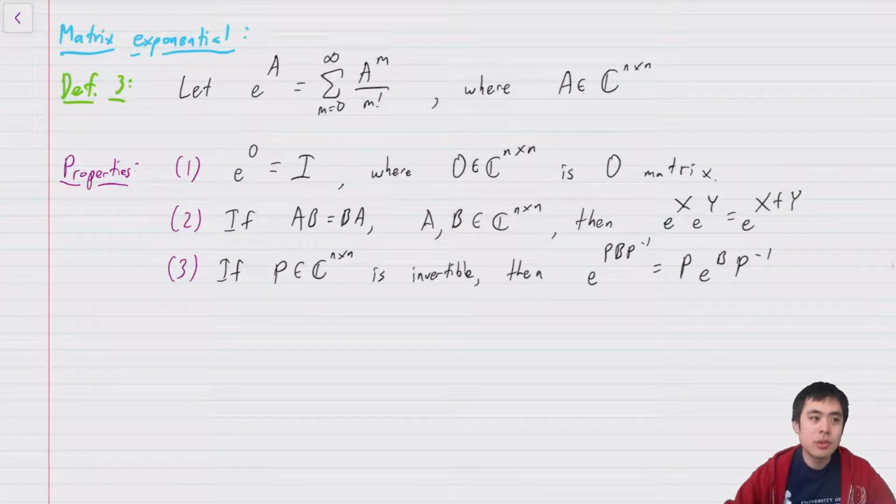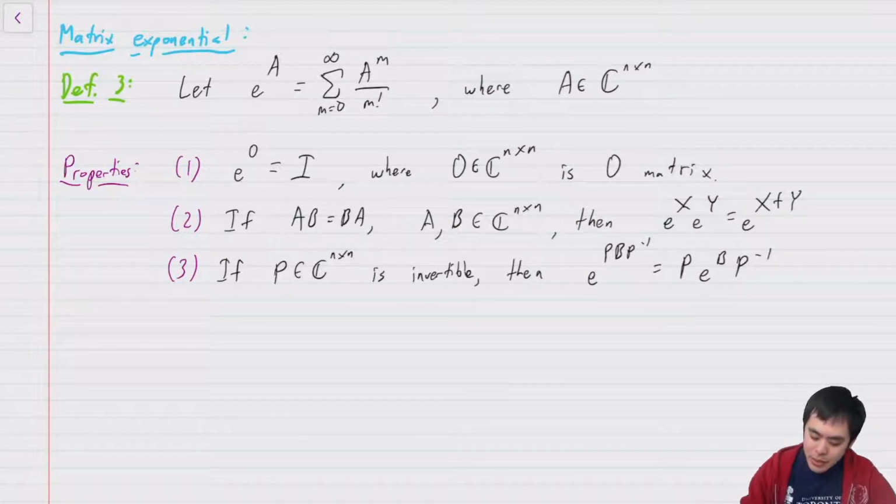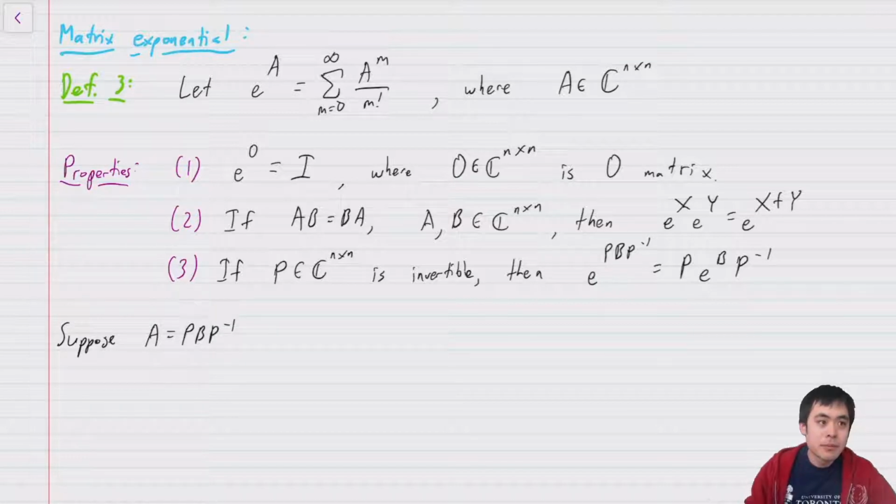Okay, so let's see some of the consequences of this and also prove it along the way. So suppose that A is equal to P B P inverse.